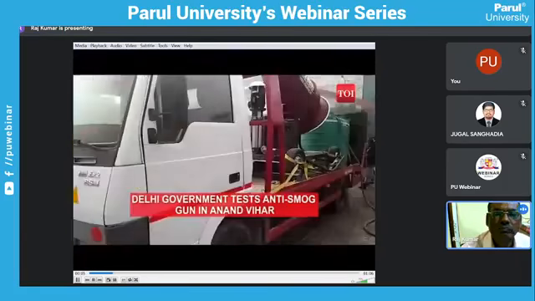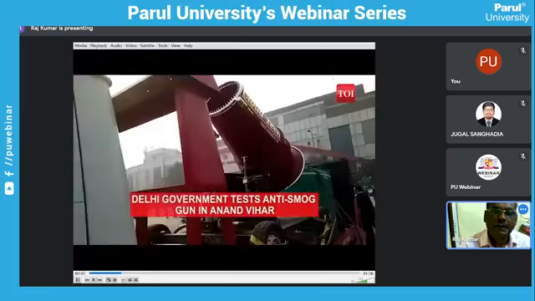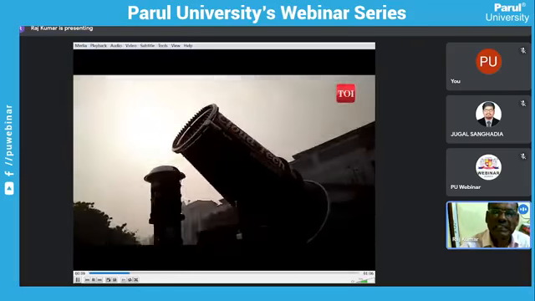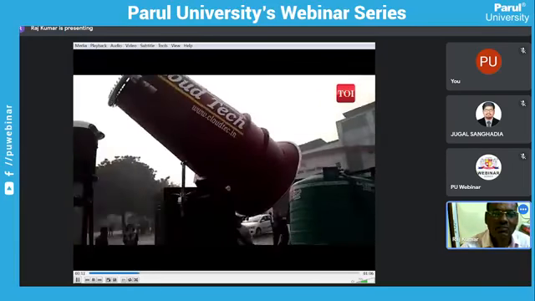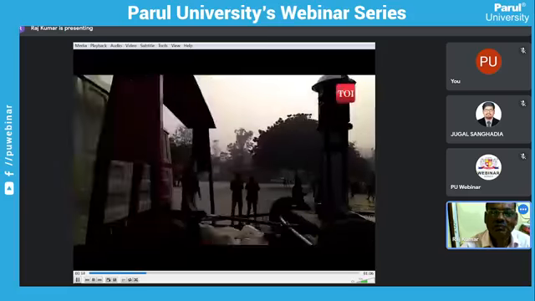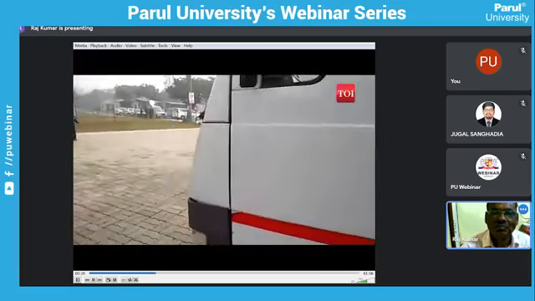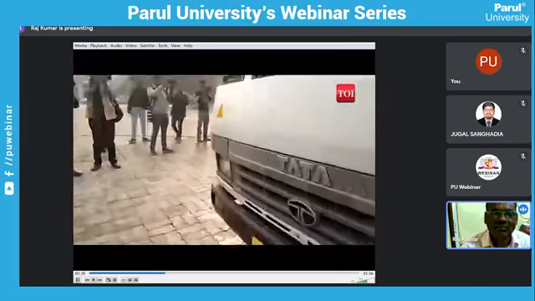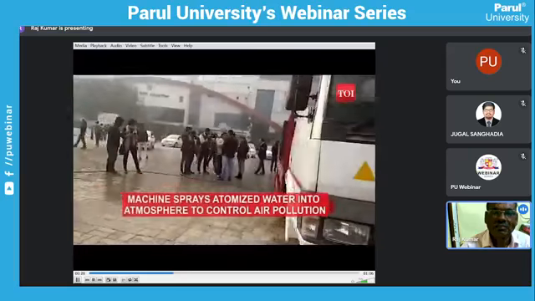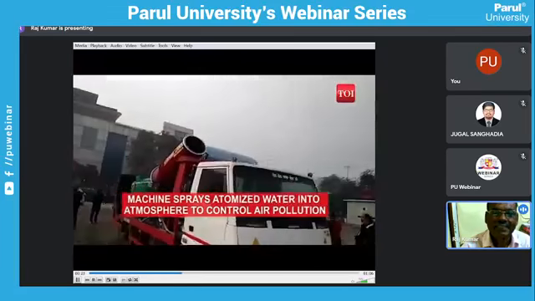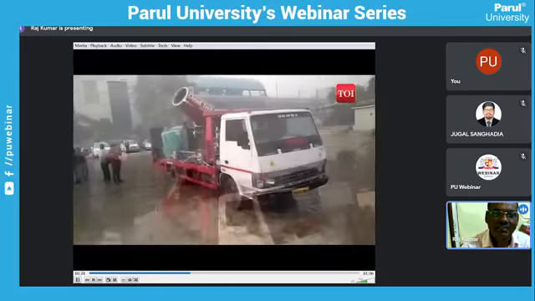Delhi government on Wednesday tested the anti-smog gun, a machine that sprays atomized water into the atmosphere to control air pollution in unheated areas. The device is connected to a water tank and mounted on a vehicle and can be taken across the city to spray water to settle the dust and other suspended particles present in the air.